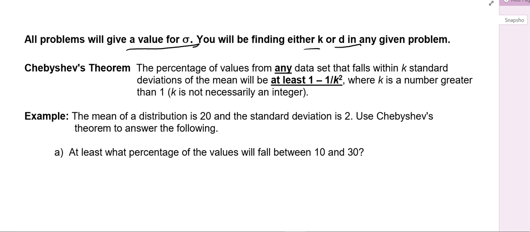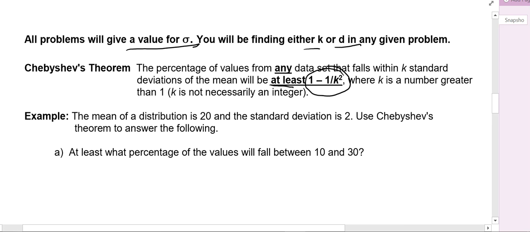All right, so here's Chebyshev's theorem. The percentage of data values that falls within K standard deviations of the mean is given by this formula here, a very important formula. The percentage of data values that falls within K standard deviations of the mean will be at least 1 minus 1 over K squared, where K is a number greater than 1.